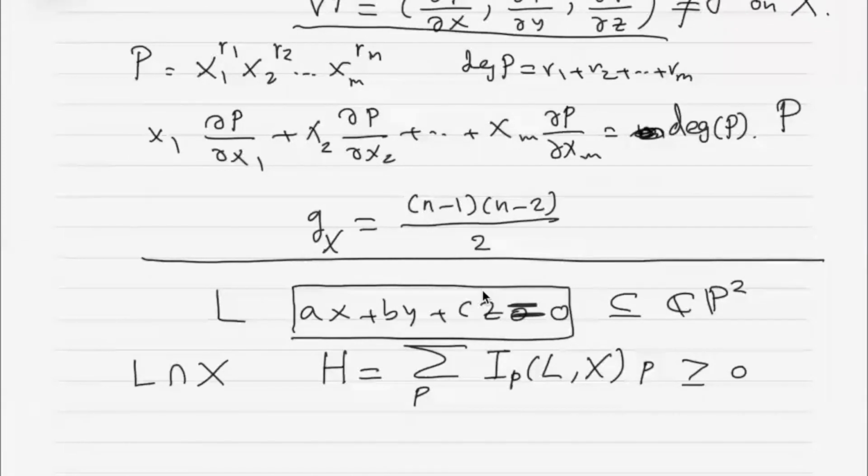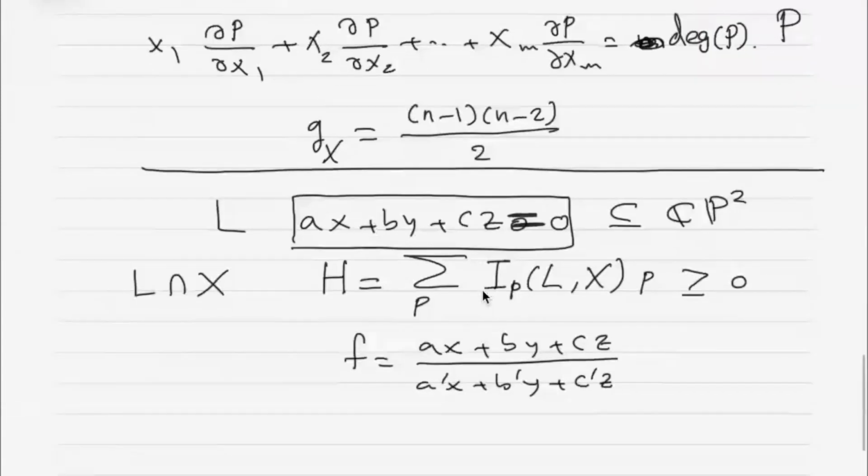If you choose another line, L prime, you get a different divisor, but the two divisors are equivalent. And the function that gives you this equivalence is the quotient of these two equations. So the divisor of this f is h minus h prime, where h is the divisor coming from the top equation, and h prime is the divisor coming from the bottom equation.